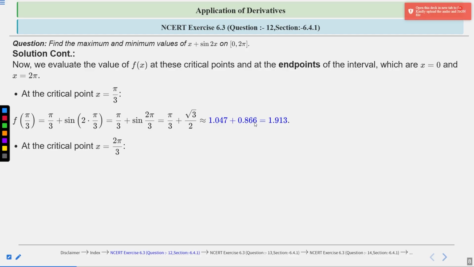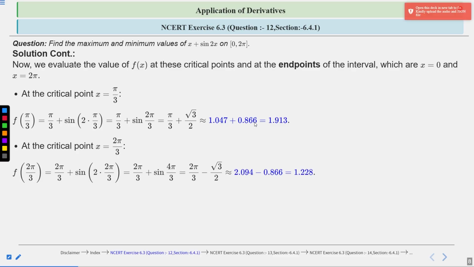Now at the critical point x equal to 2 pi by 3, what will be the value of f of 2 pi by 3? It is 2 pi by 3 plus sine 2 into 2 pi by 3, which is equal to 2 pi by 3 plus sine 4 pi by 3, which is equal to 2 pi by 3 minus root 3 by 2.